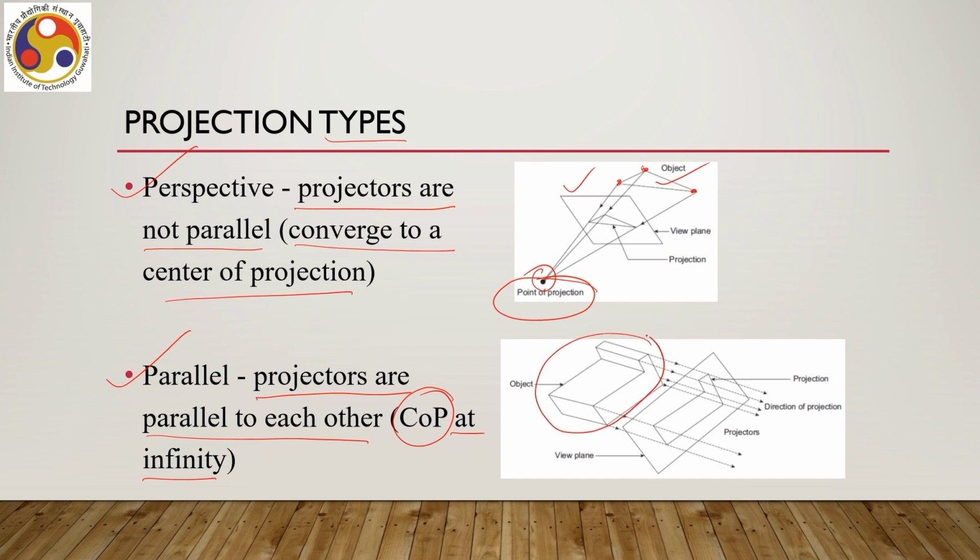The idea is as illustrated in this figure, where we have an object, projectors are shown here, they intersect the view plane and give us this projection. However, the projectors are parallel to each other, so they do not meet, and we call that parallel projection, where we say that the projectors meet at infinity.